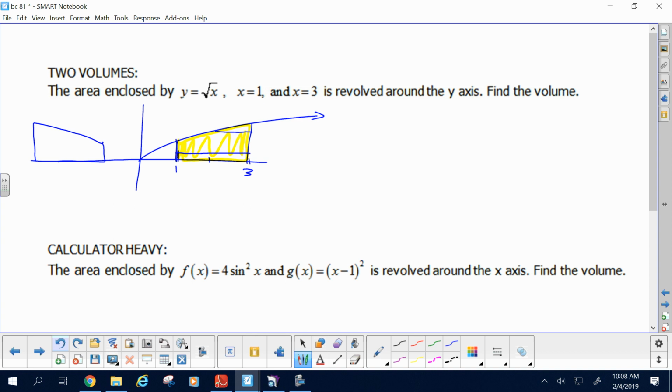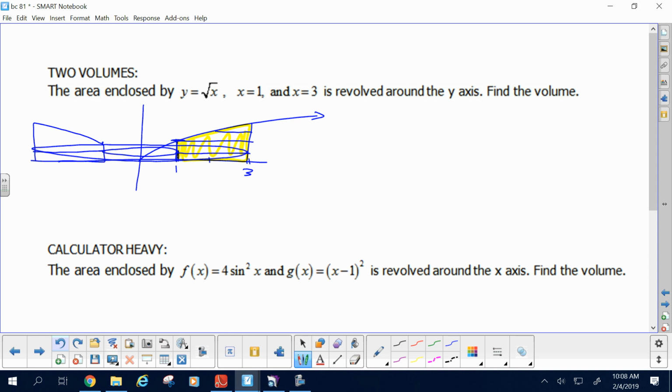In the lower region, the outer R is the right edge, 3, yeah? And the inner R is line 1. Every washer I drew up until this point would always look just like that.